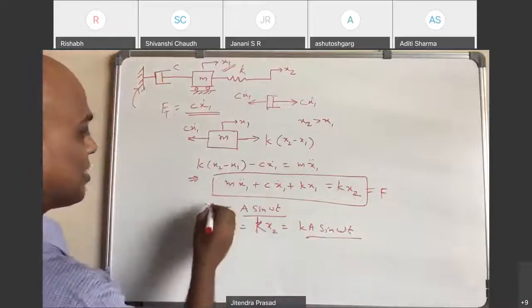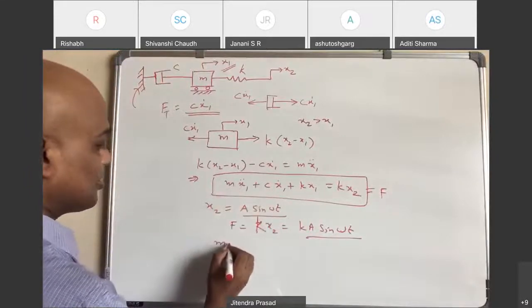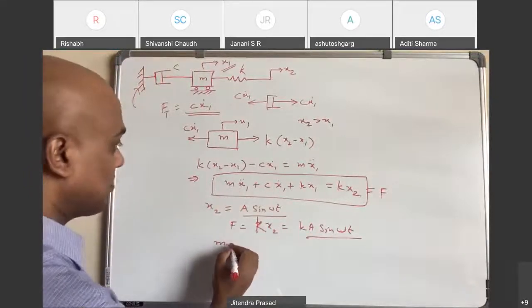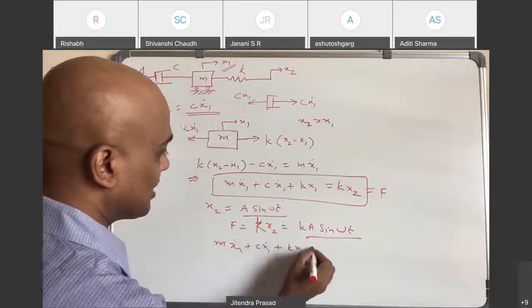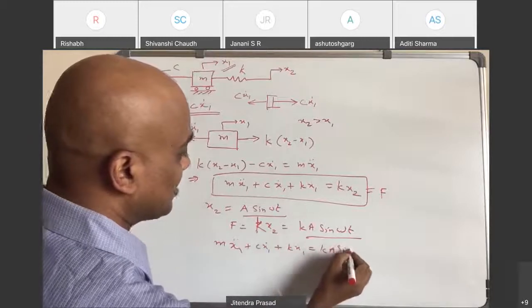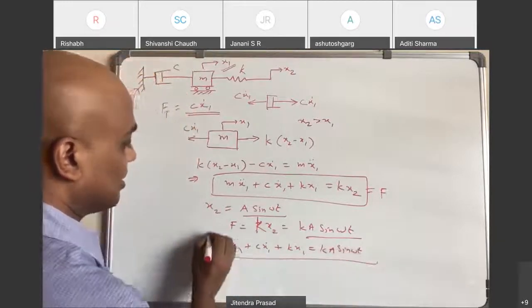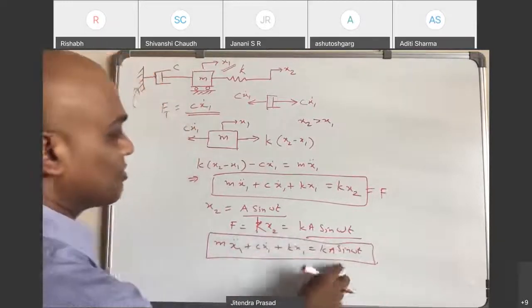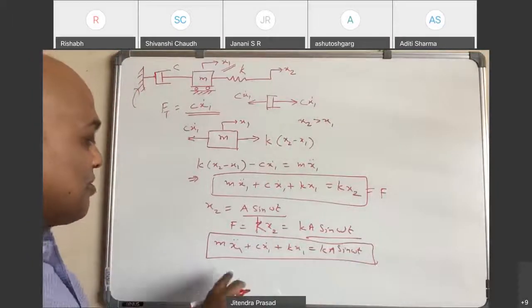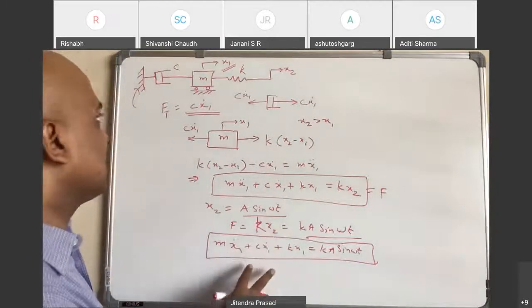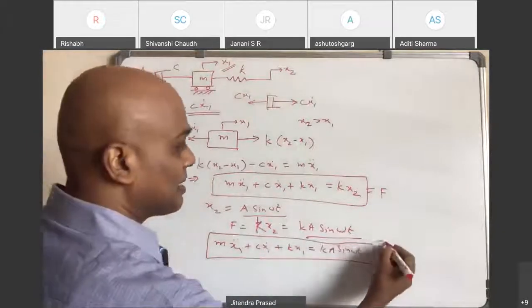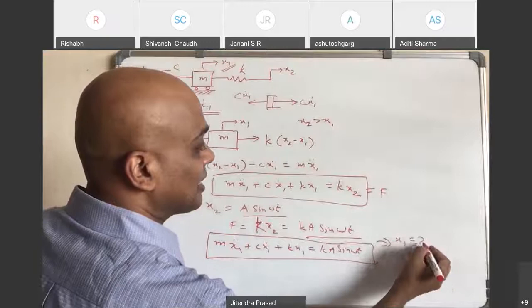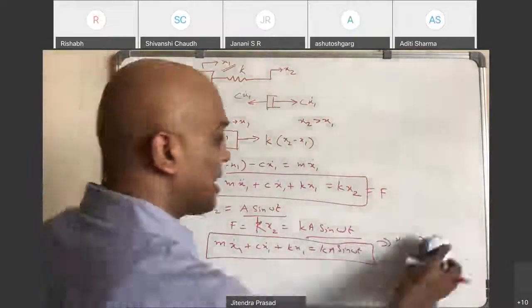This is a standard forced vibration problem, and then you find x1 as a function of time.